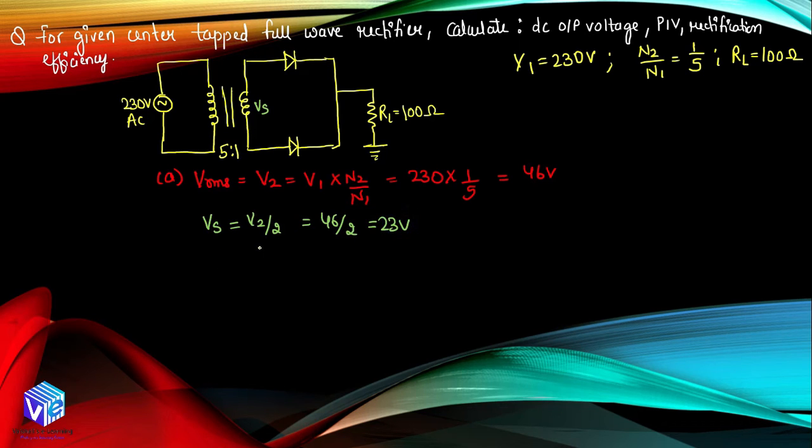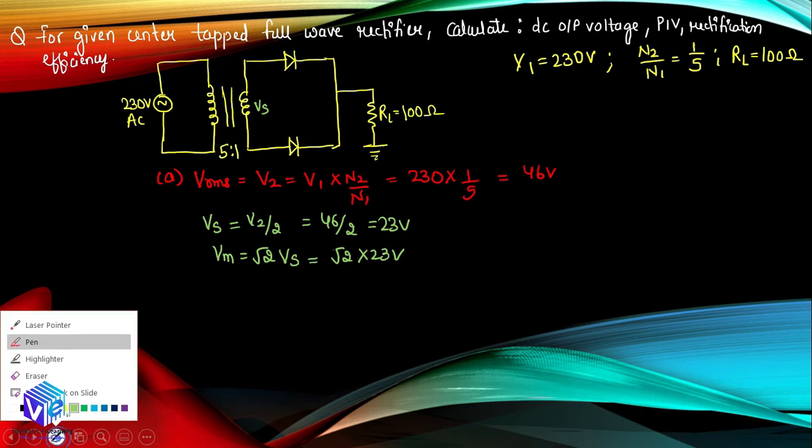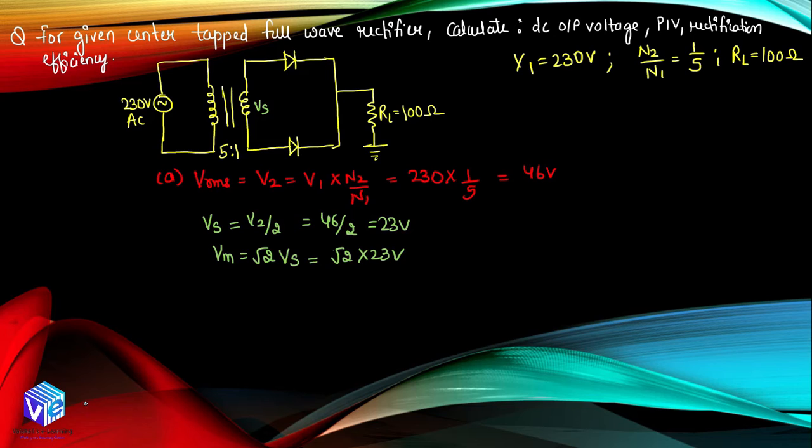Now we have found Vs, and Vm is the maximum voltage, equal to under root 2 into Vs. This is the RMS voltage of the secondary of the transformer, so the peak voltage Vm is under root 2 into 23 volt. Now we have calculated the Vm.